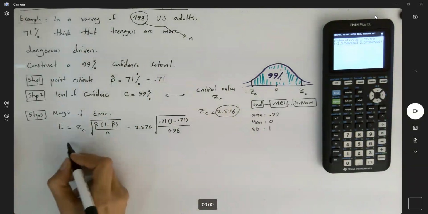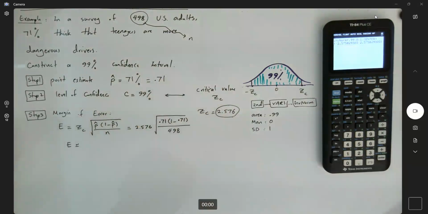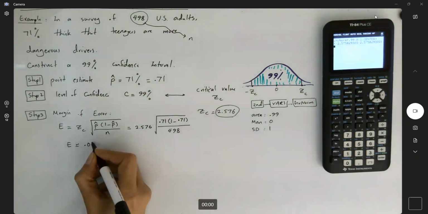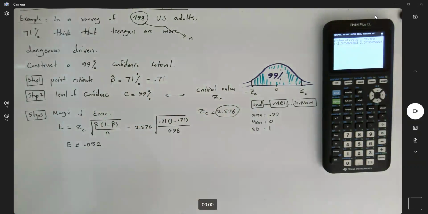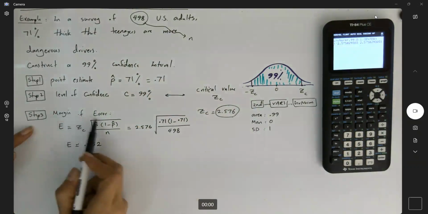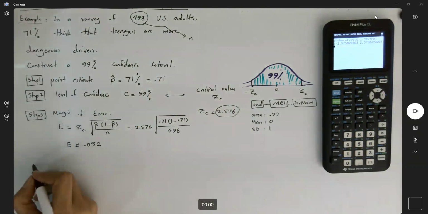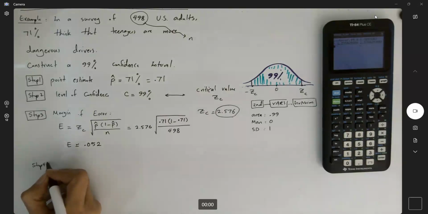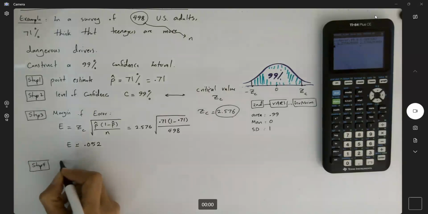Now I'm going to use my calculator to approximate this number. It's going to be approximately 0.052.